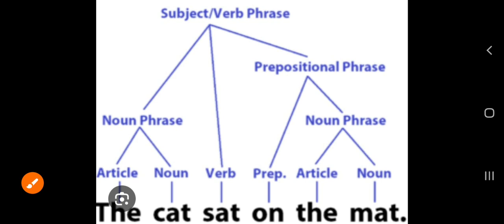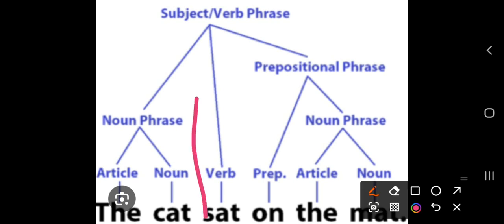So here the cat is the noun phrase. Sat on the mat. Sat is the main verb, so you can directly make that another branch, sat. Why is it not a verb phrase?